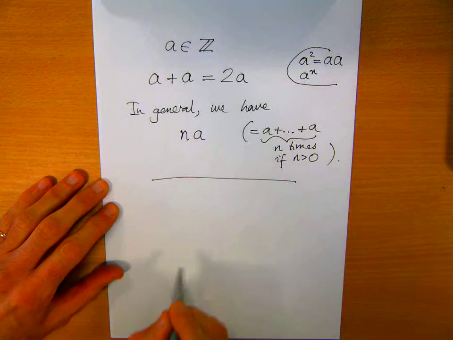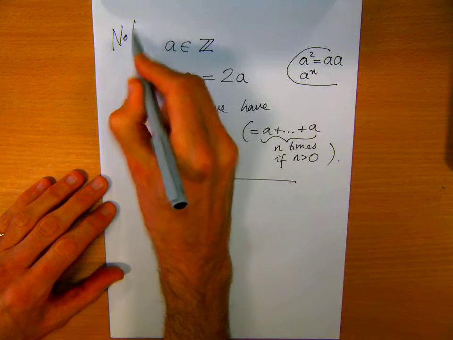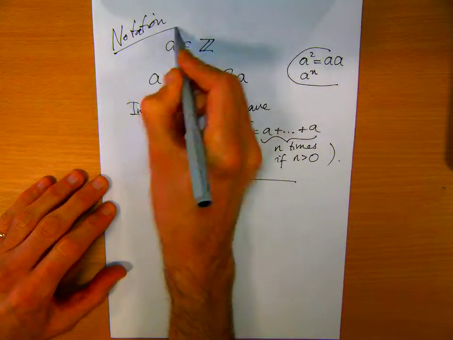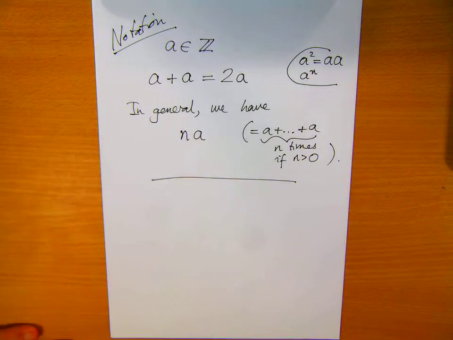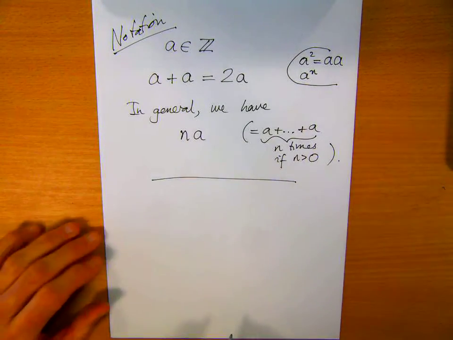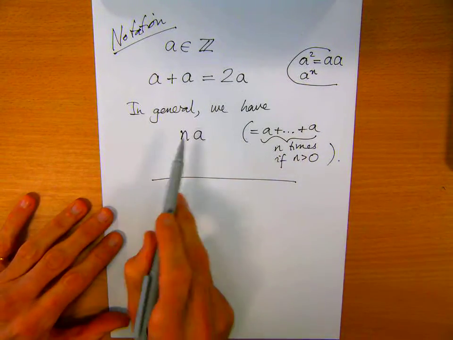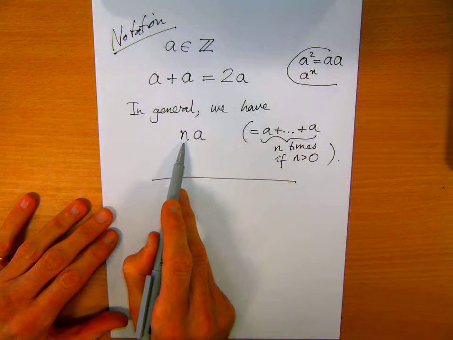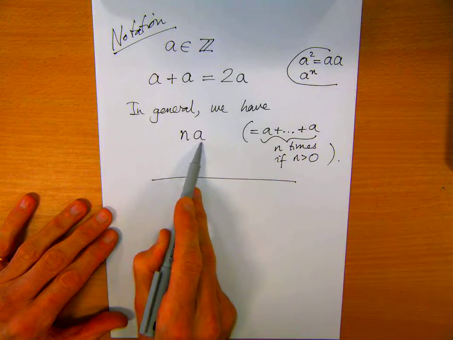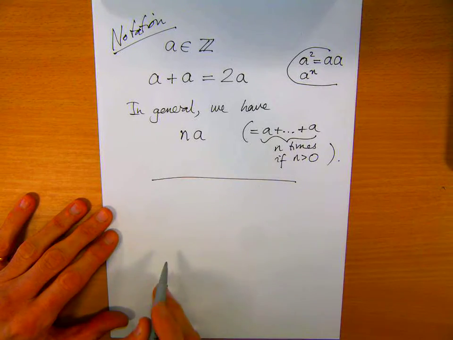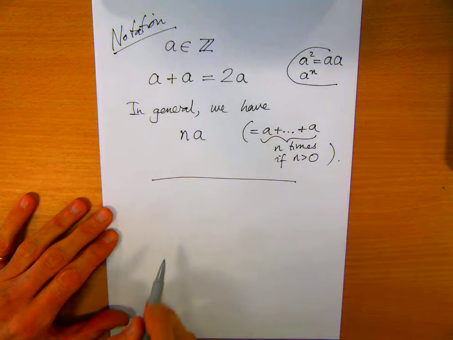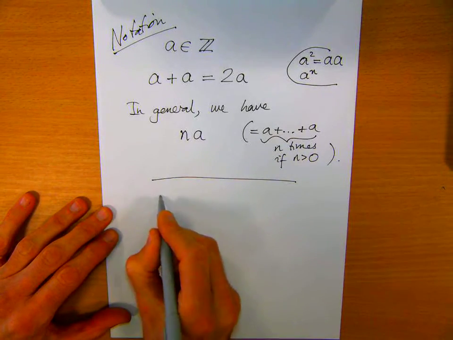So, having said that about notation, what does it mean for Z to be cyclic? Well, I've got to find an element such that every element can be written as n times a, where a is the generator. And so all we need to do is, in fact, take a equals 1, for example.